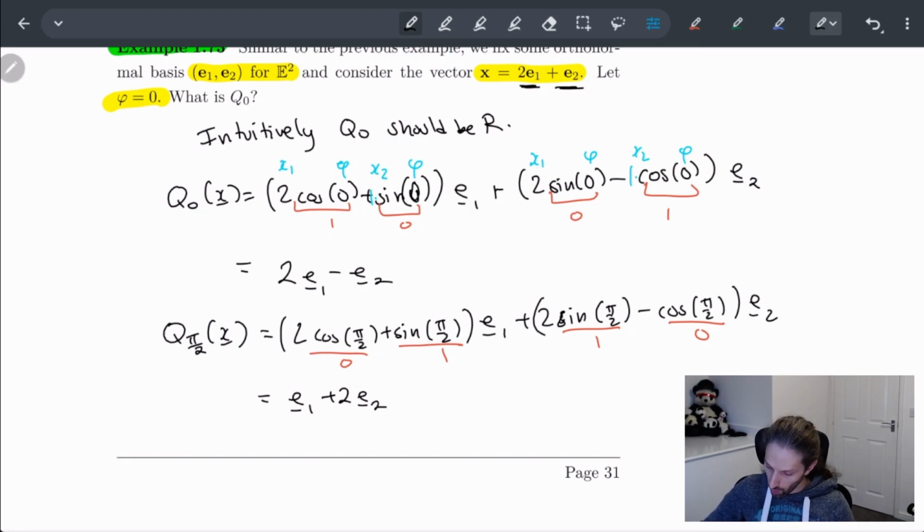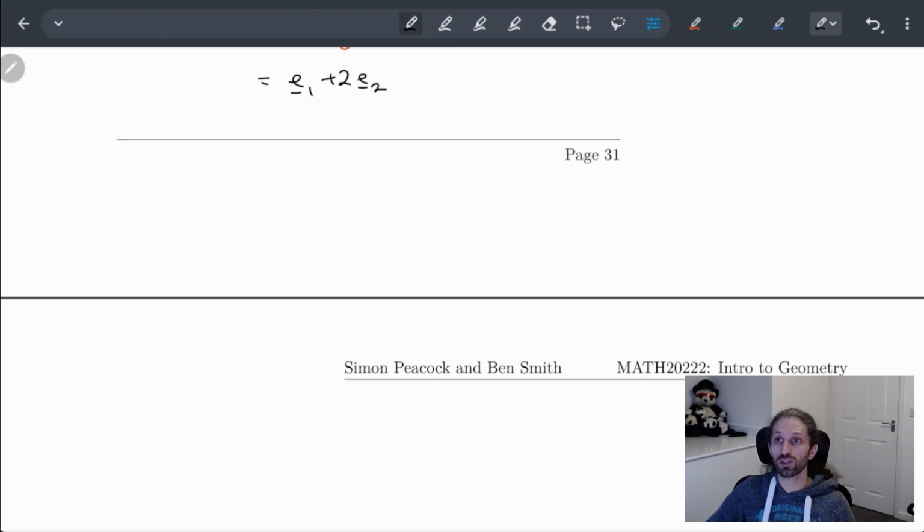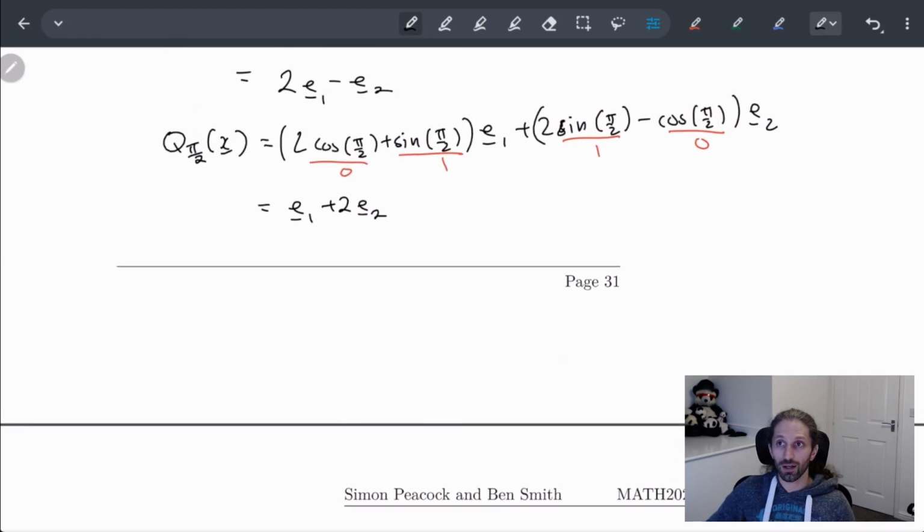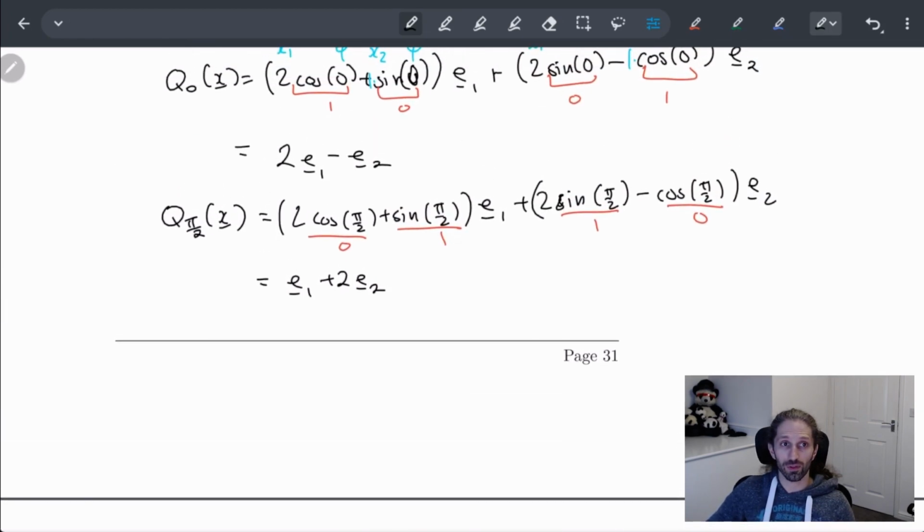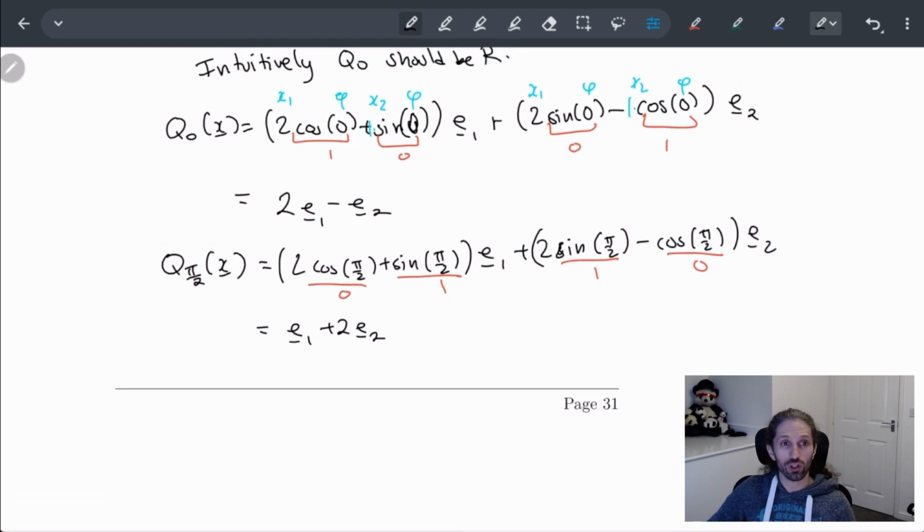Okay, so let's look at this. There are two ways to look at this linear operator. Q0 basically just swapped E2, but when I do Q of pi over 2, I'm not just swapping it, I'm moving it over in some sense.